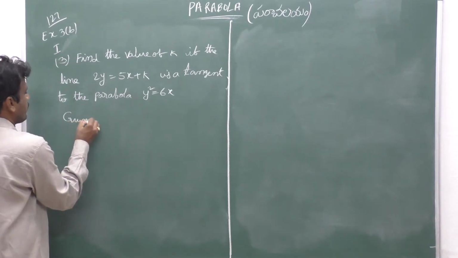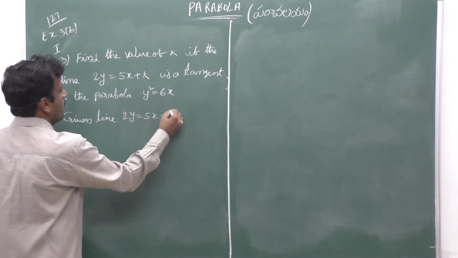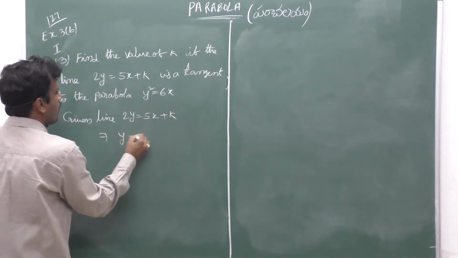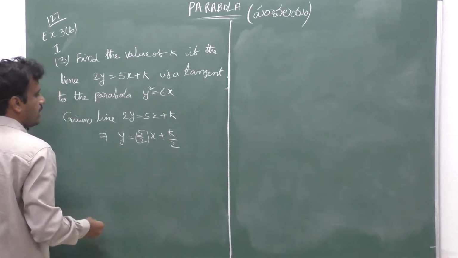Given line 2y equal to 5x plus k, that implies y equal to 5 by 2 x plus k by 2, of the form y equal to mx plus c.